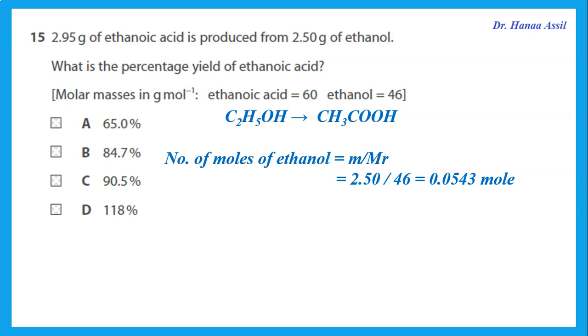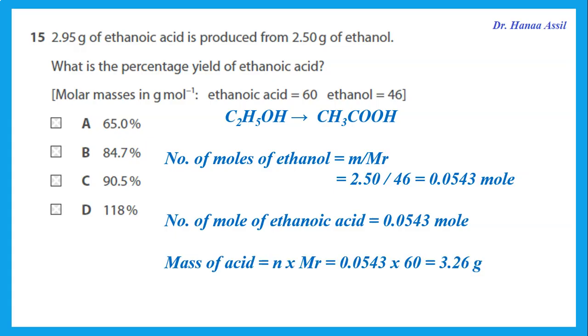Now, theoretically, by calculation, how much ethanoic acid should we get? Well, the equation shows that they are 1 to 1, so the number of moles of the ethanoic acid should be the same as the number of moles of ethanol, and that means I can calculate the mass of ethanoic acid that we should get. So this is the theoretical yield.